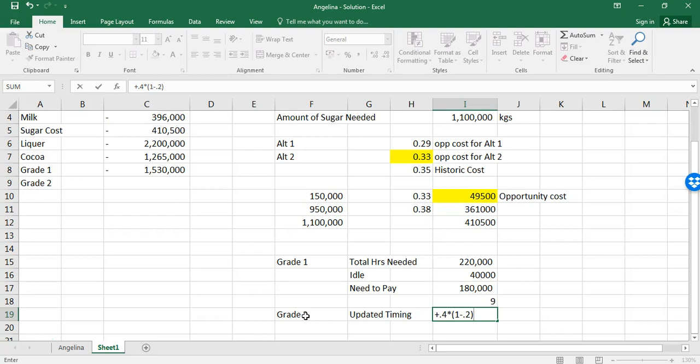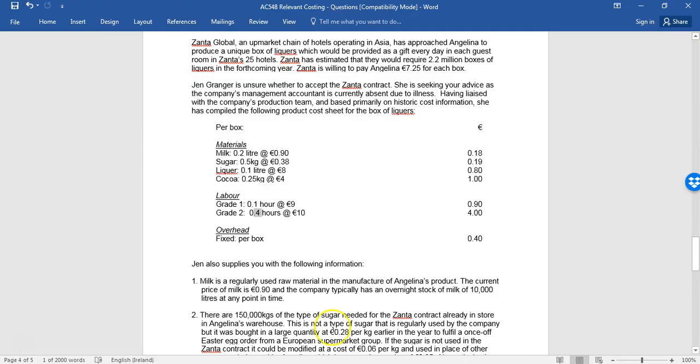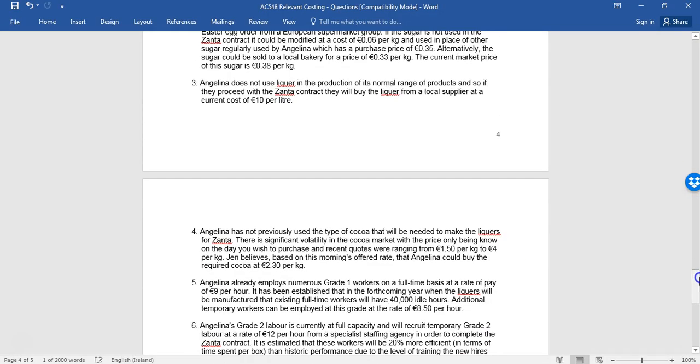So they're actually going to be able to do this in 0.32 of an hour rather than 0.4. So that was a tricky thing to pick up in the question. You were told that these new workers you're going to hire are 20% more efficient in terms of the time spent per box, meaning they can do it 20% quicker.